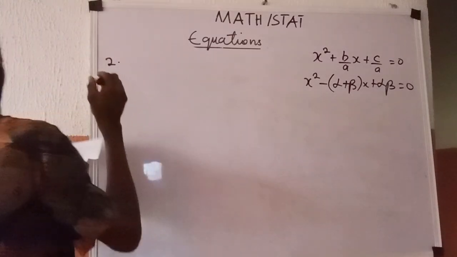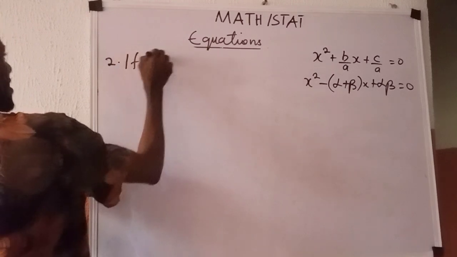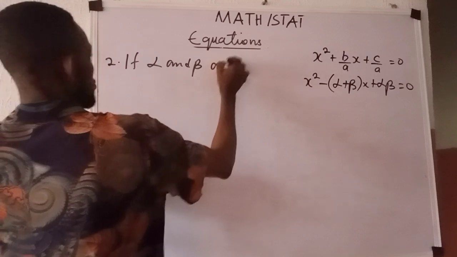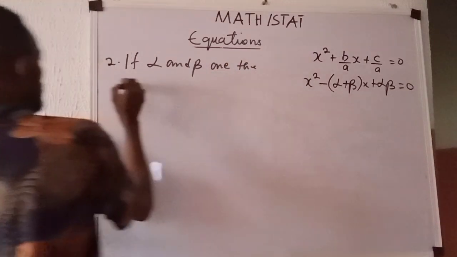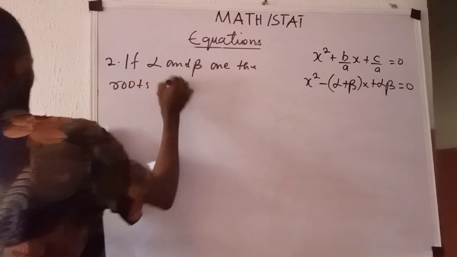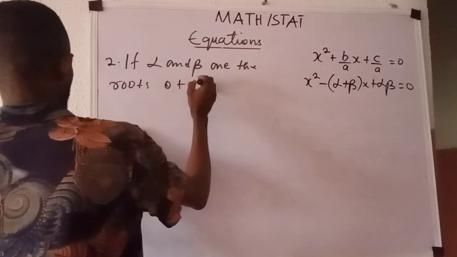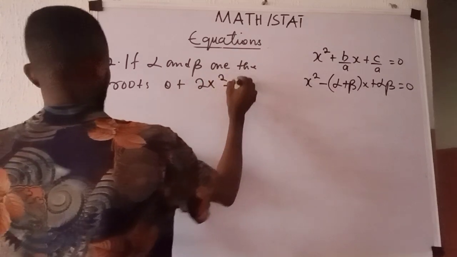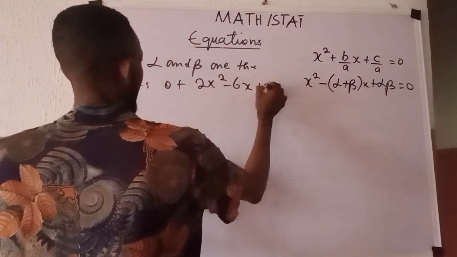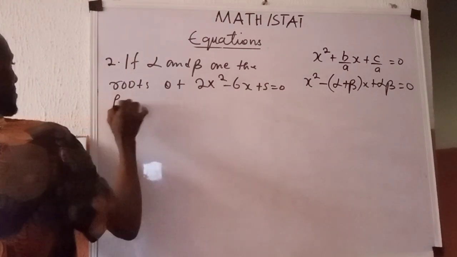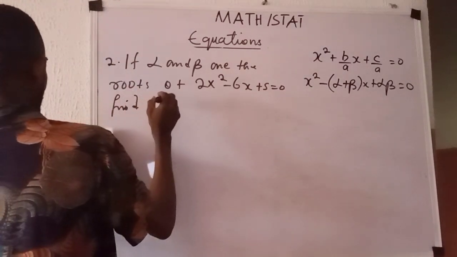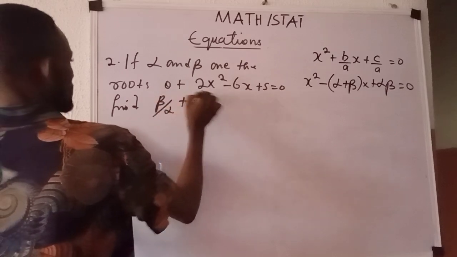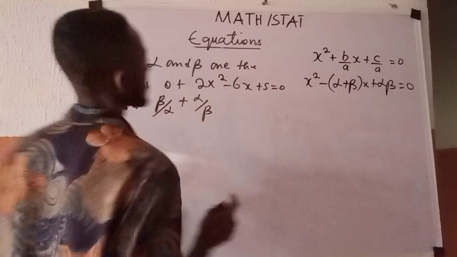So here we have: if alpha and beta are the roots of 2x raised to power 2 minus 6x plus 5 equals 0, find beta all over alpha plus alpha all over beta.